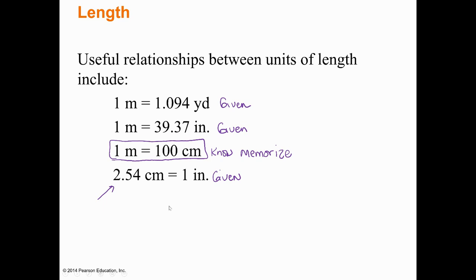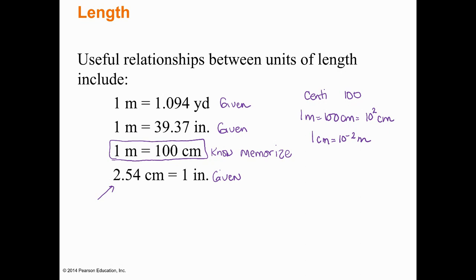Now, 1 meter is 100 centimeters. So the prefix centi is 100. But sometimes, what's a little bit confusing about the metric system is that 1 meter is 100 centimeters, or you could write it as 10 to the 2 centimeters. But there's also another way of looking at this: 1 centimeter is 10 to the negative 2 meters.